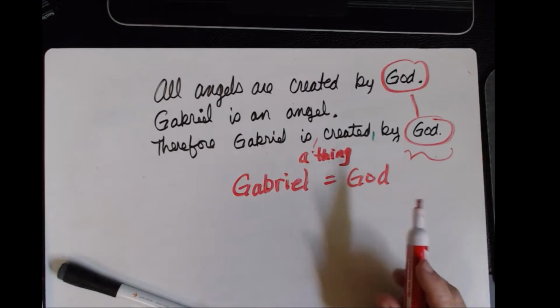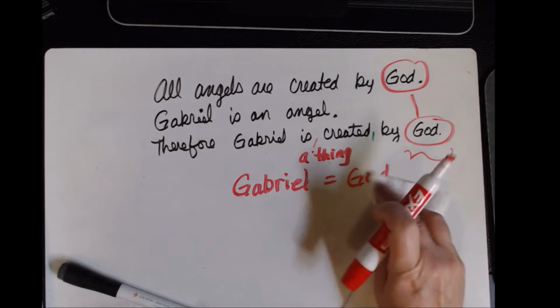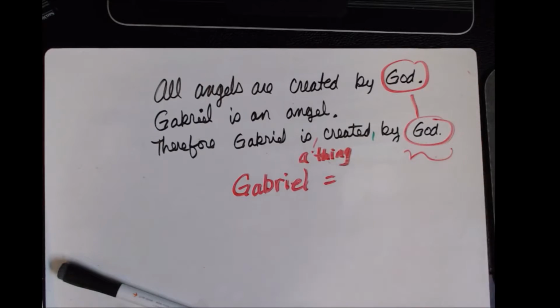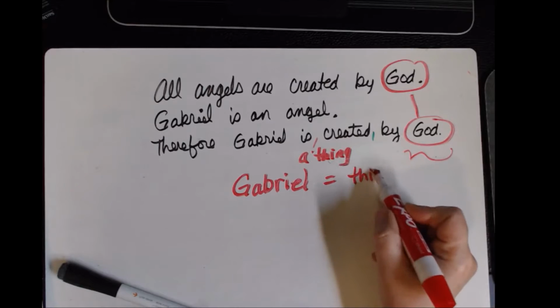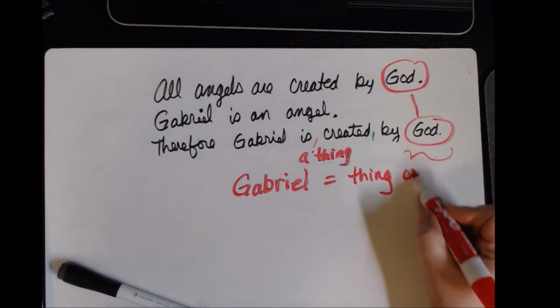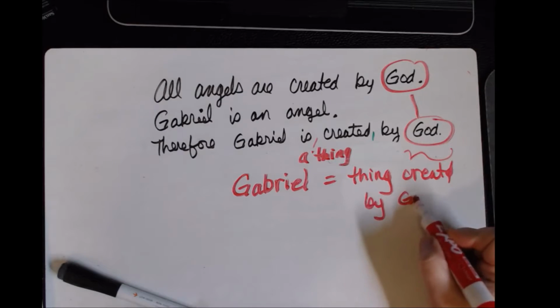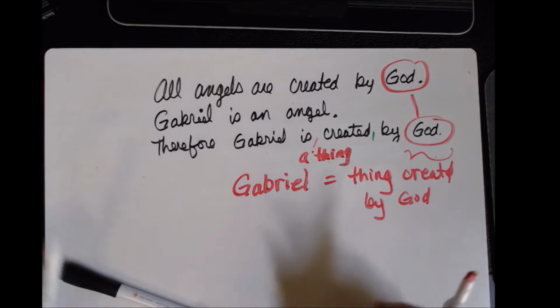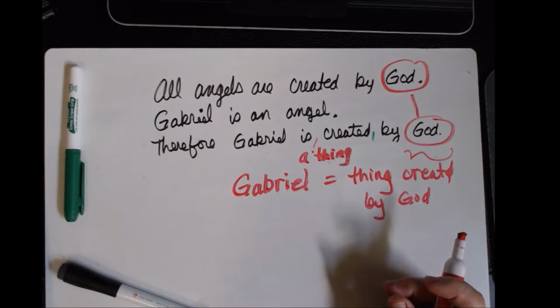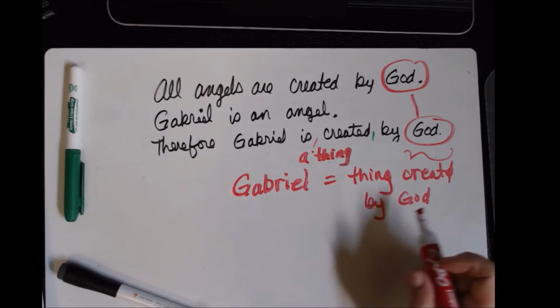Now that makes more sense, right? That's what this sentence is trying to say. It's trying to say Gabriel is equal to a thing created by God. They weren't trying to say Gabriel was the same as God. They were trying to say that Gabriel is a thing created by God.